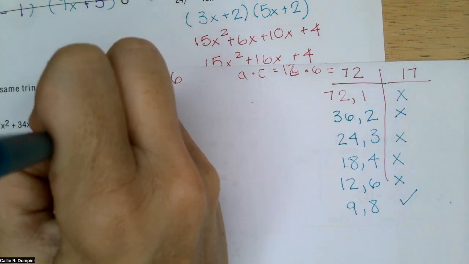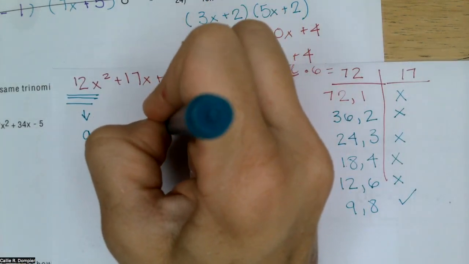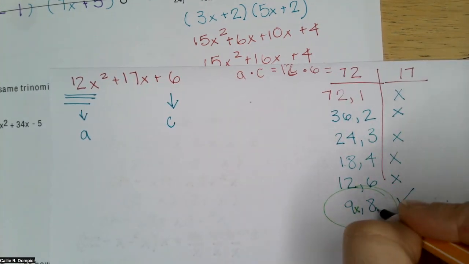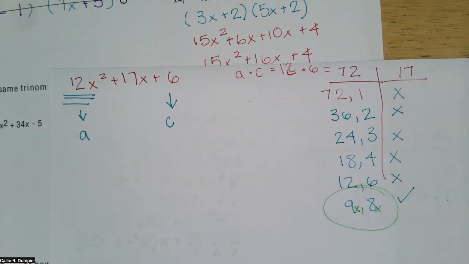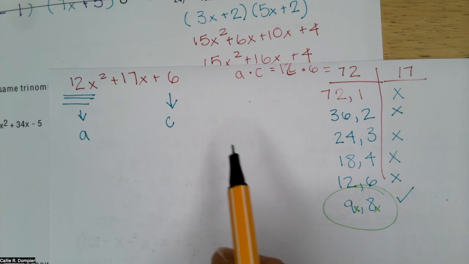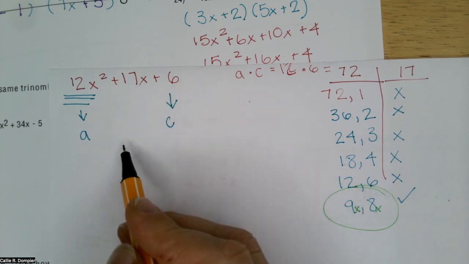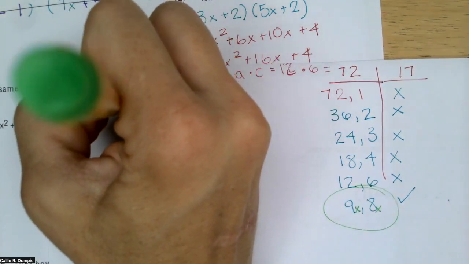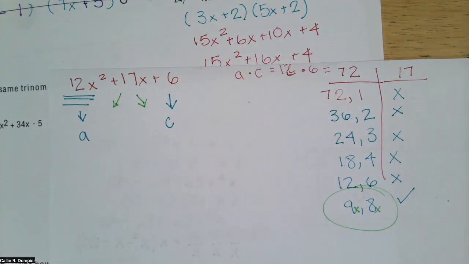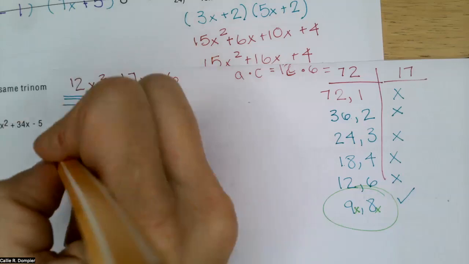So we just bring down A, we bring down C, and instead of B, we put in the two factors that add up to B, right? 9x and 8x will add up to 17x. So this becomes two numbers that combine to give you your original B, right? 12x squared.